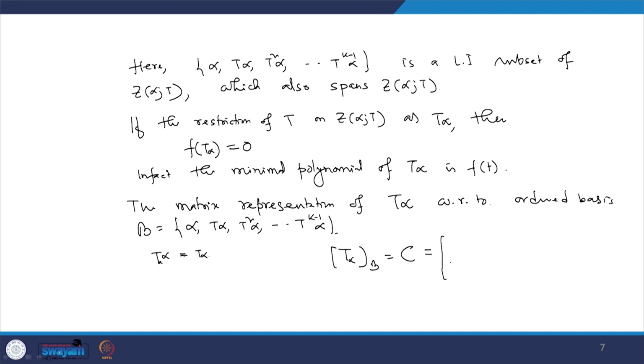So, T alpha will be basically okay. So, I am getting what? And the second element will be like this. Okay, so it will continue up to 1, and the last one will be T of t^{k-1} alpha.